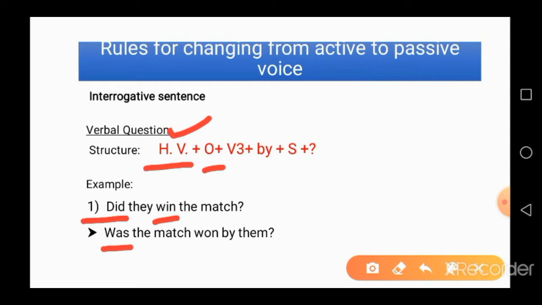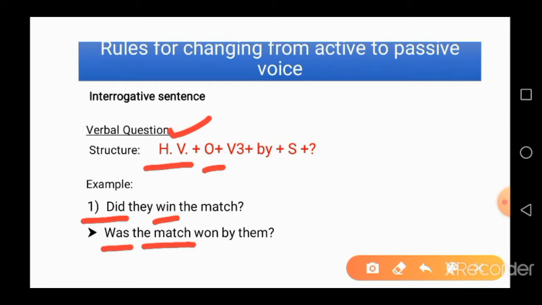The was is singular and the were is plural, but taking was or were depends on the object which comes after. The object is here the match and the match is a singular word and therefore, if the subject is singular, we take a singular verb.